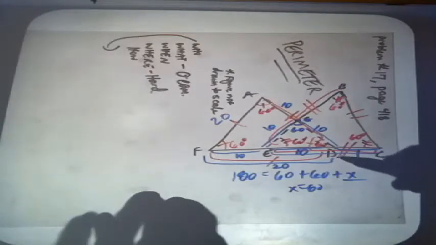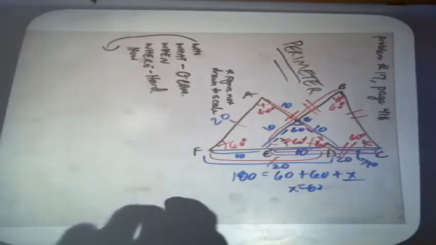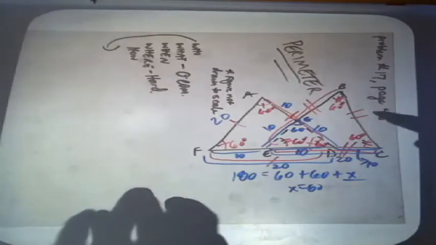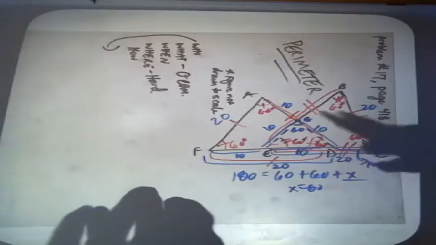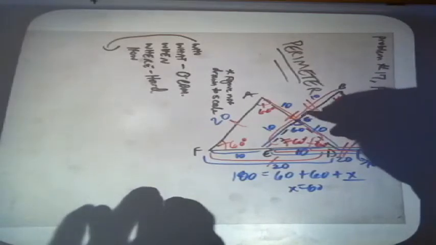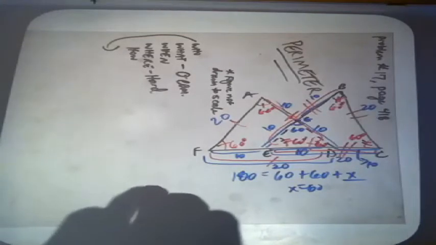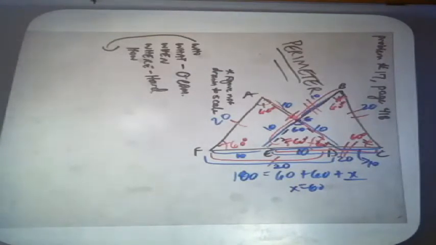So EC is 20, and again, BCE is an equilateral triangle, therefore all the sides have to be 20, so BC is 20, and BE is also 20, so if this part of it's 10, then this part up here also has to be 10.